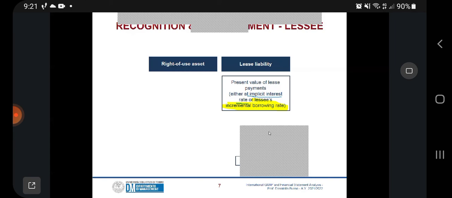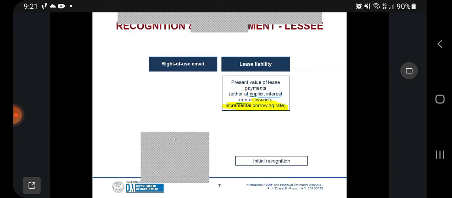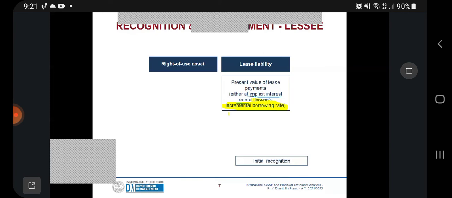And according to IFRS 16, the discount rate to be used is the lessee's incremental borrowing rate. The lessee, keep in mind that we are analyzing the accounting for the lessee. Okay? The lessee incremental borrowing rate.